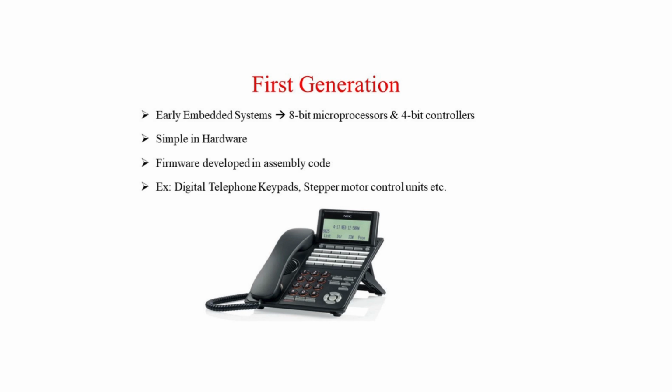Assembly level programming in the sense that they use either microprocessor programming or microcontroller programming. And examples of the first generation embedded systems include digital telephone keypads, stepper motor control units, etc.